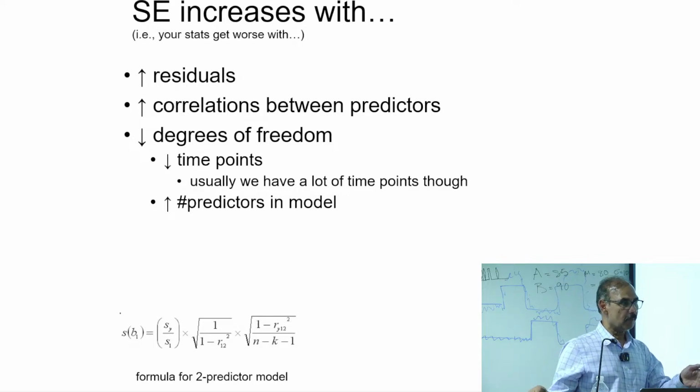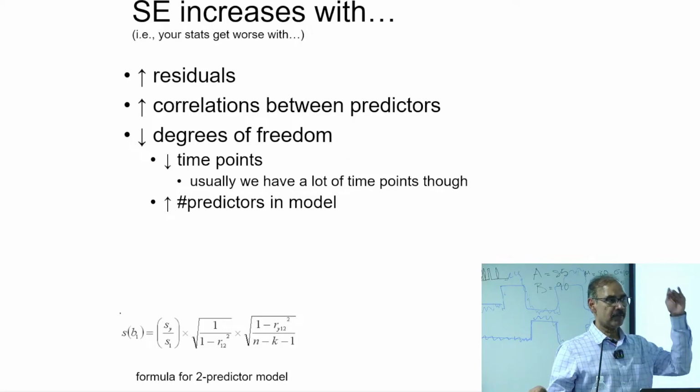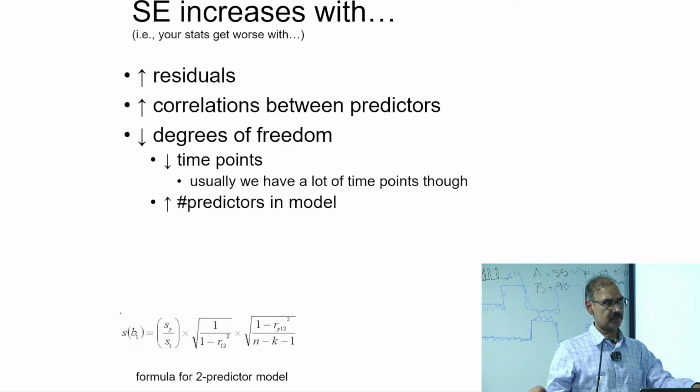So when we are estimating the degree of freedom, we would like the degree of freedom to be high, right? If it goes down, then our error increases, right? So how can we improve our statistics?